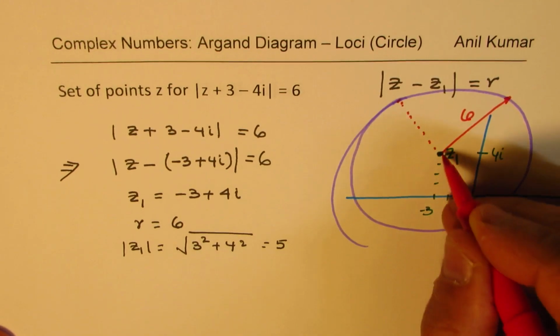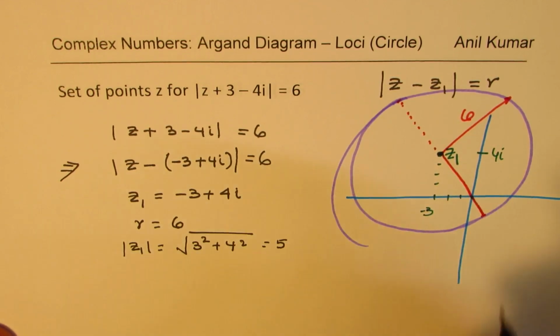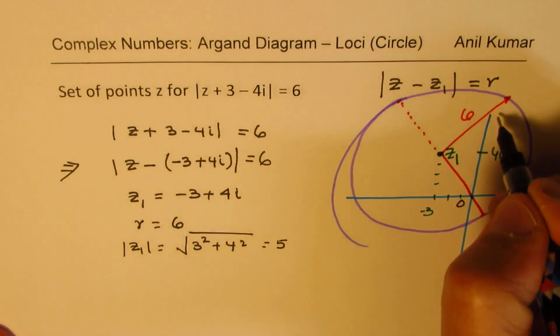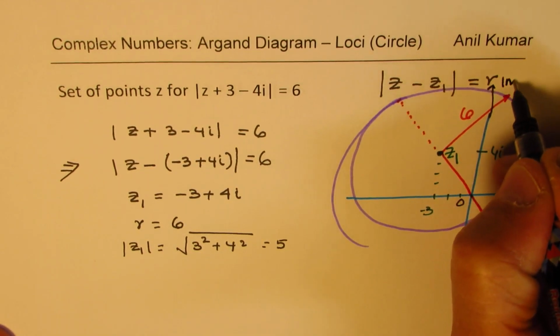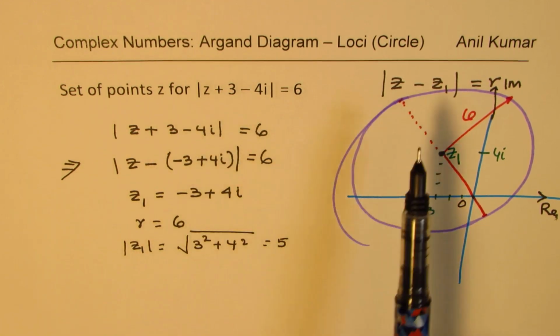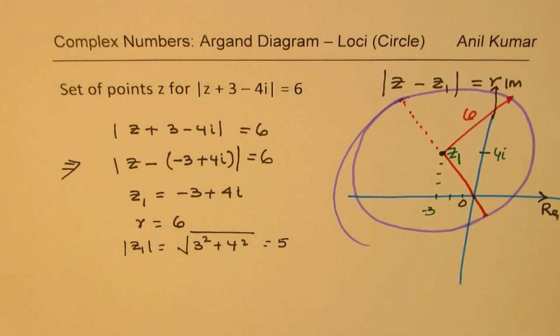And 6 units is more than 5, and therefore we crossed and went to the other side. So this is your real axis, this is your imaginary axis, and that is your circle. In short, this equation always represents the set of points at the same distance from a point. That point is represented by z1, and this locus is always a circle.